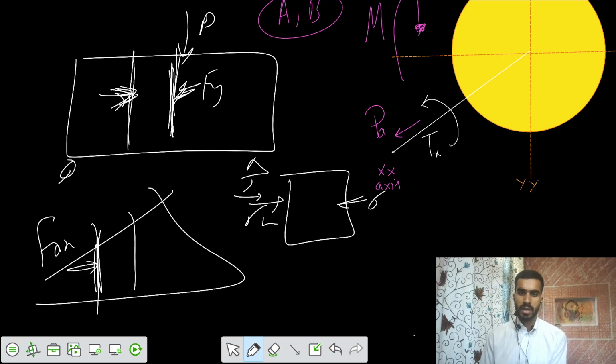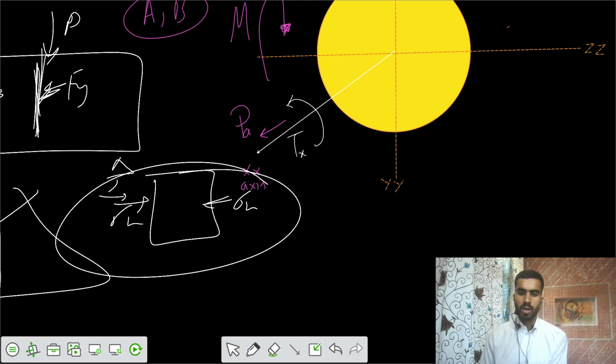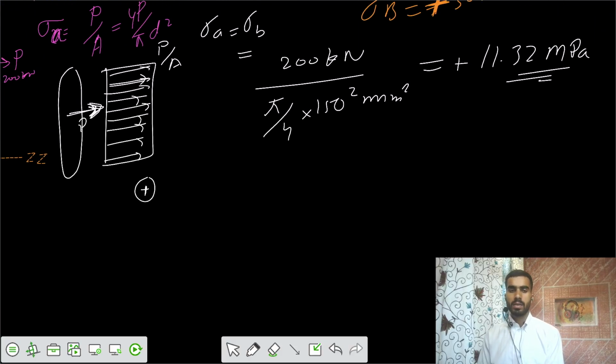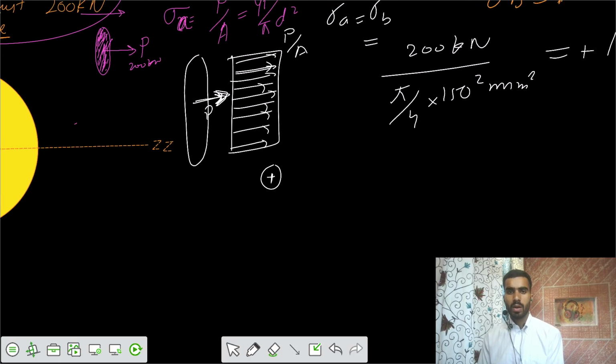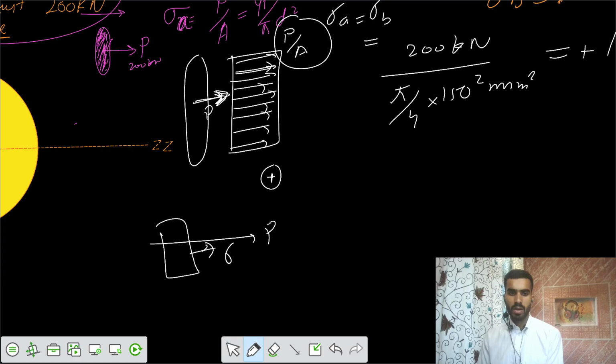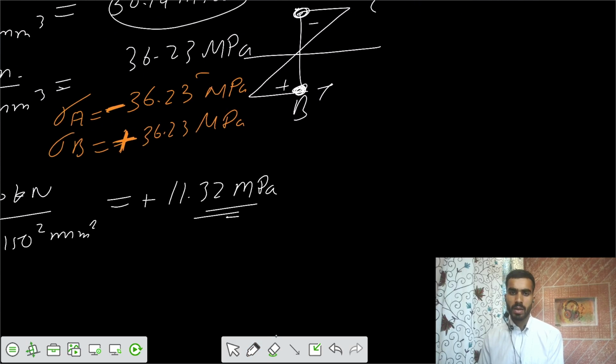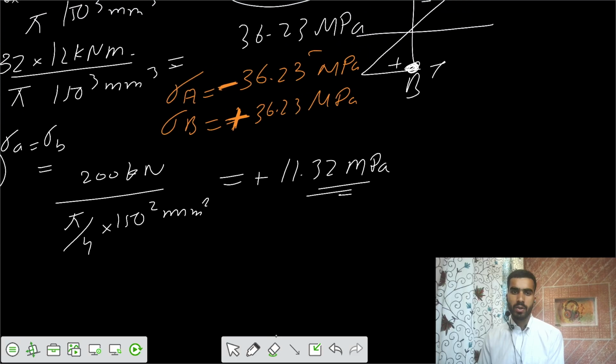That's normal, horizontal stress in the x direction. And similarly, you are applying load in the long axis, in the x direction, so sigma is also in the x direction. Both are in the same direction. If the stresses are both in the same direction, then I can do summation.